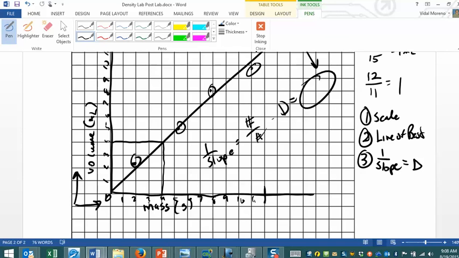Okay, the rest of the lab should be the same. Data analysis: tell me what you found out and what problems you had. Conclusion: this is where it needs to smell a little bit like a cow pasture. You know what I mean?